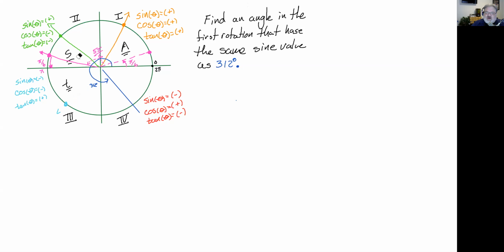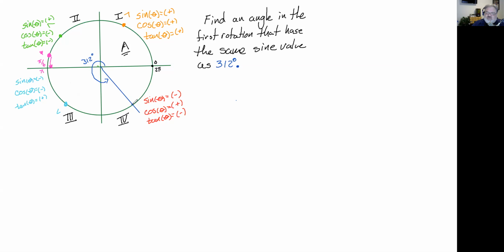So we're supposed to find another angle, I'm going to get some of this stuff out of the way, that gives us the same answer for sine as that 312 degrees. So the big question, kind of the important first question, is what quadrant must that other angle live in?